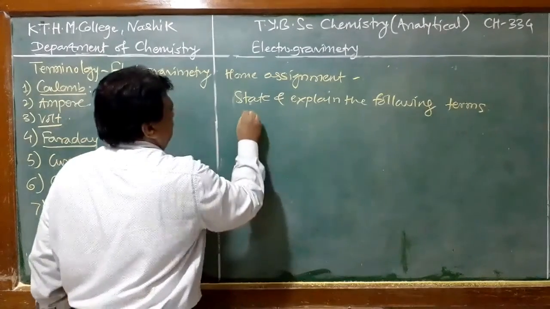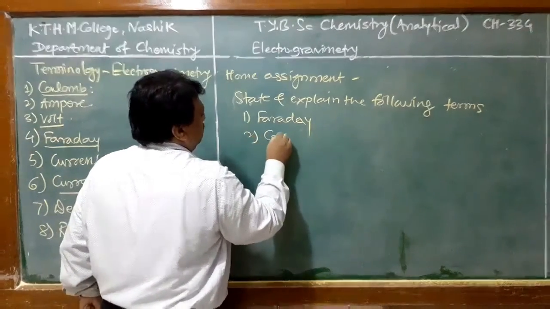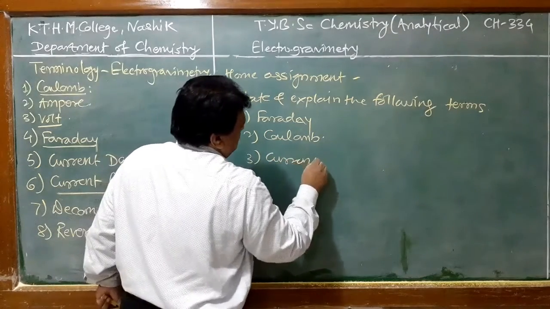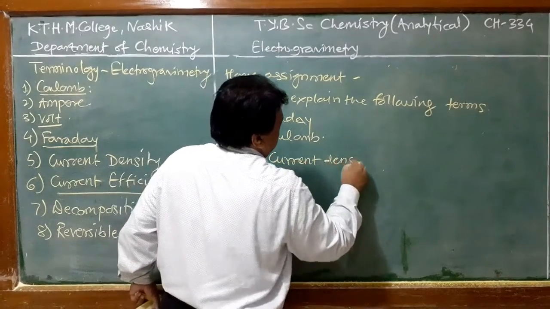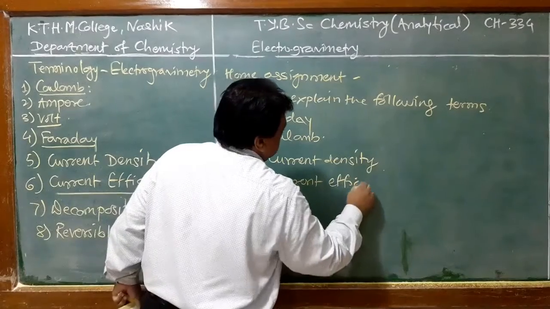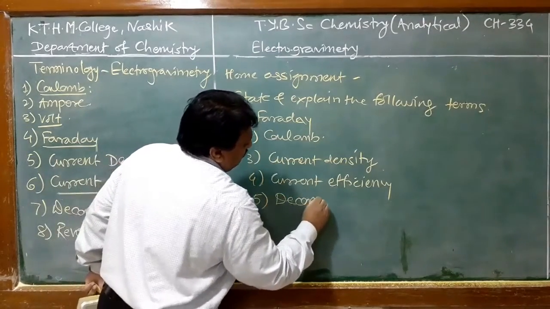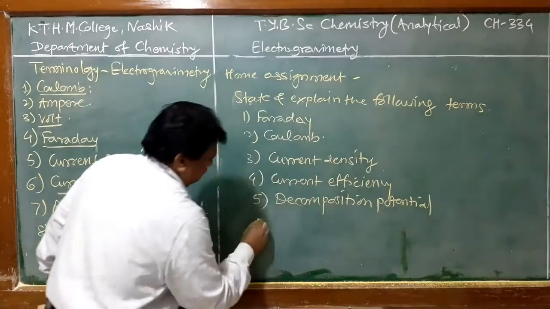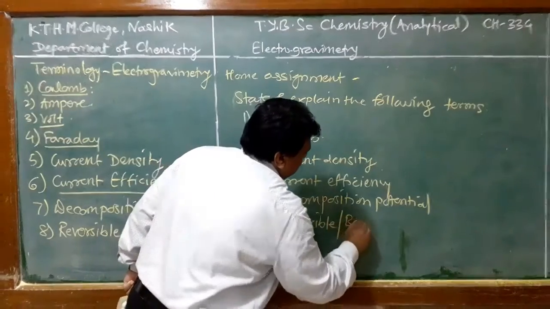Number 1 is Faraday, number 2 Coulomb, we also discussed current density, then the next term is current efficiency, then number 5, decomposition potential, and the next one is the reversible or back EMF.